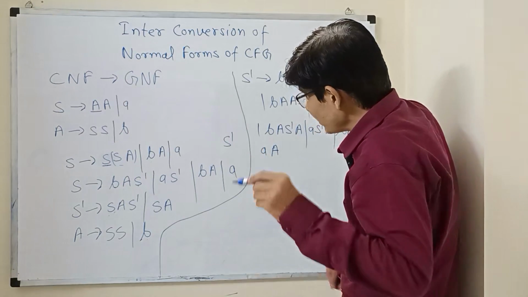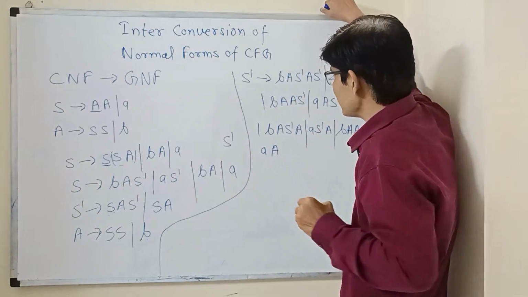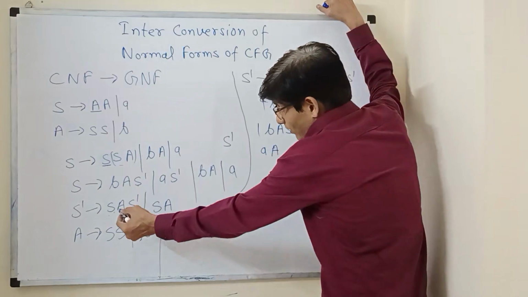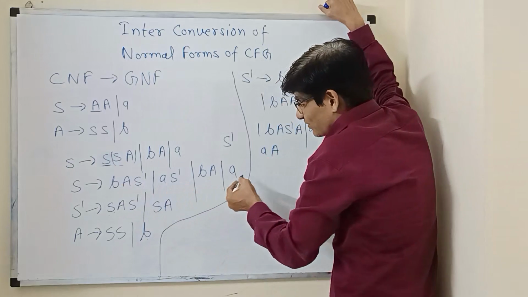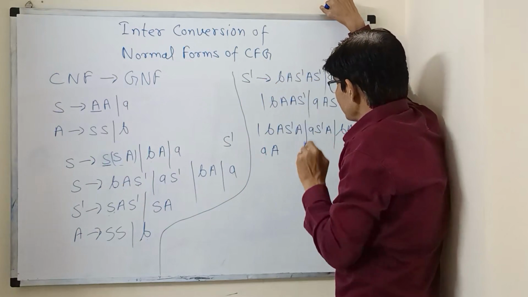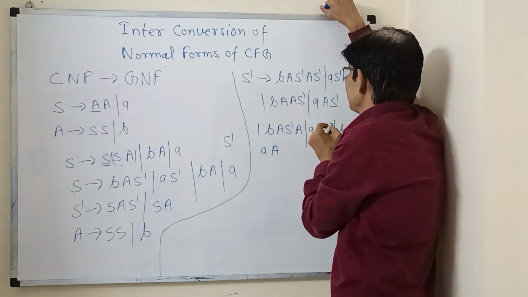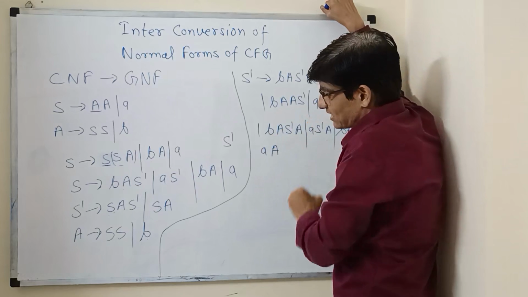So now we have converted all productions of S' into GNF. From these two productions we have created 8 different productions of S'. Those are in GNF. All these productions are in GNF.